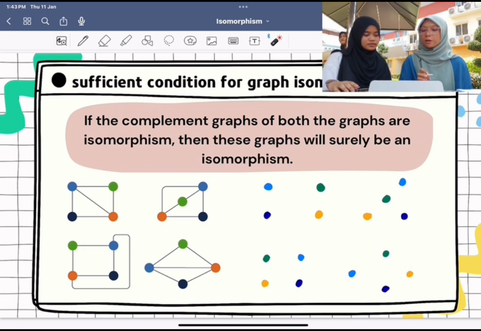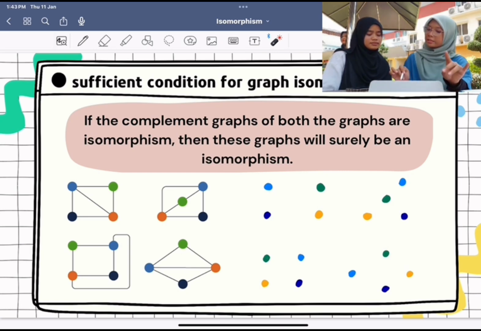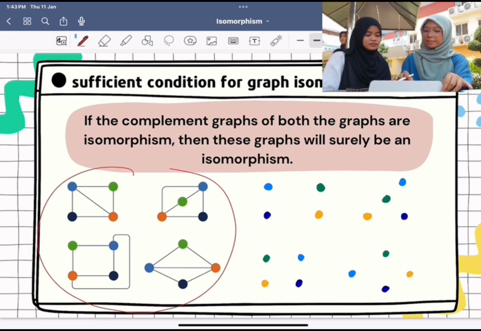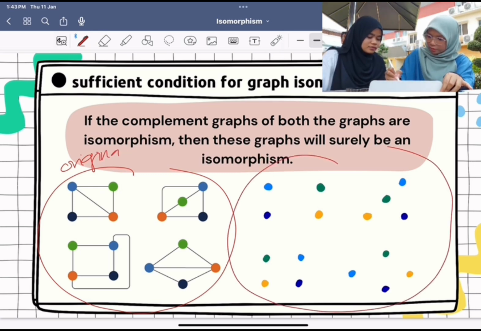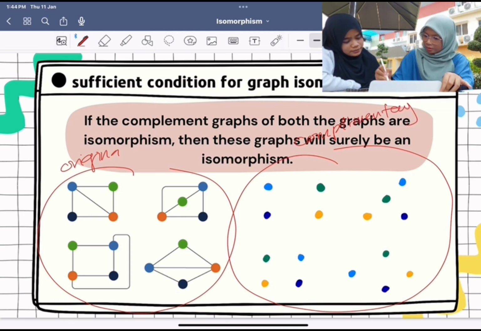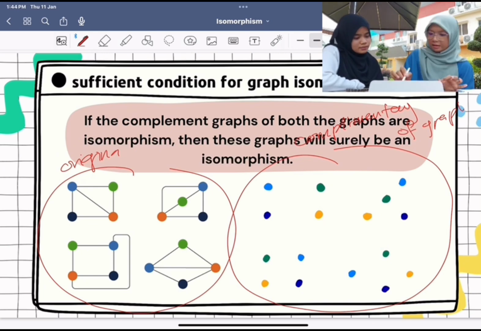So this is when we need to draw the complement graph of both graphs. If the complement graphs of both graphs are isomorphic, then these graphs will surely be isomorphic. For example, this is the original graph. Then we're going to draw a complement of the graph. This is when we need to draw the lines that have not yet been drawn.